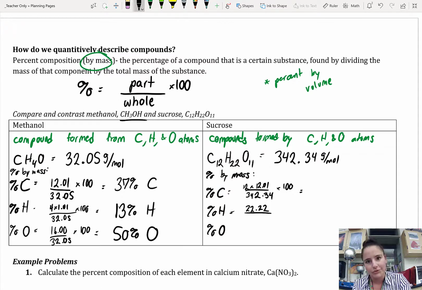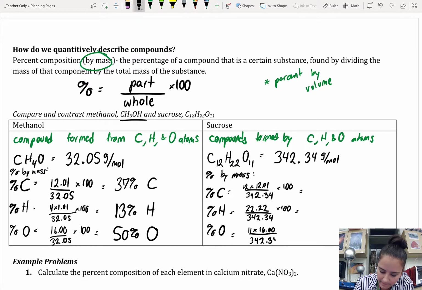Hydrogen, 22 times 1.01 over 342.34, and oxygen. Now let me plug all of those into my calculator. So this one is about 42% carbon.